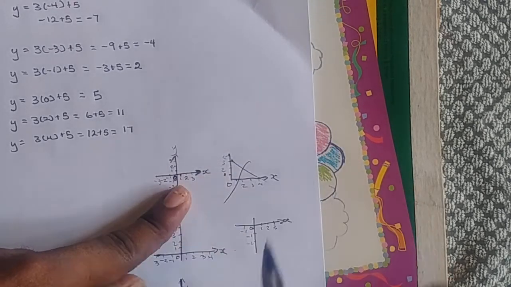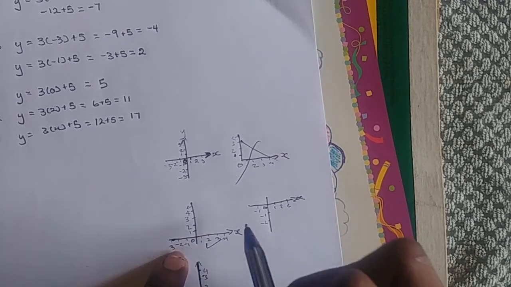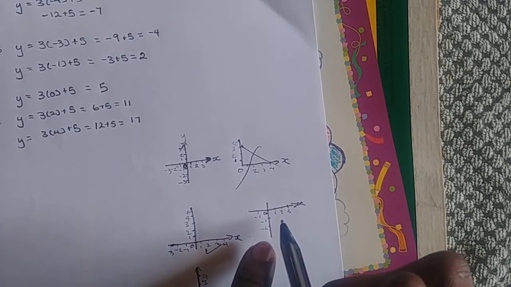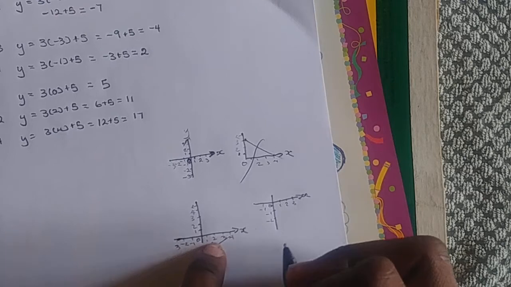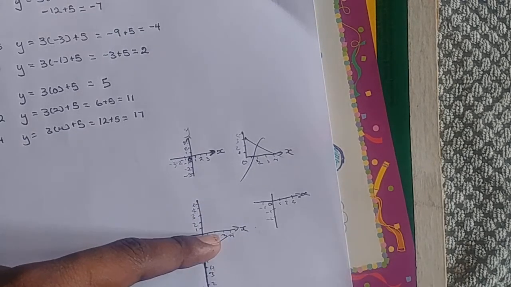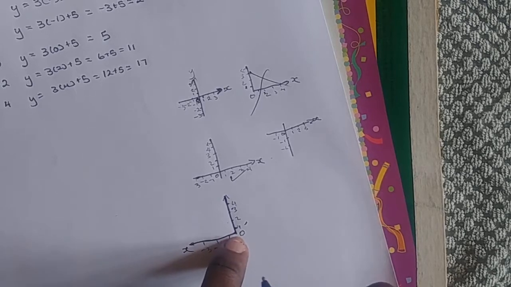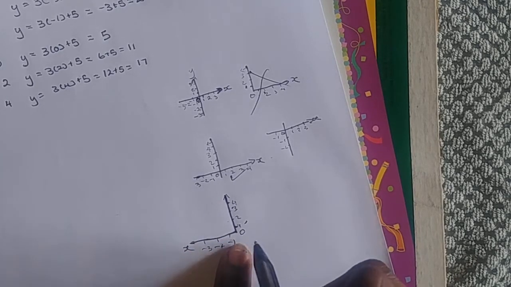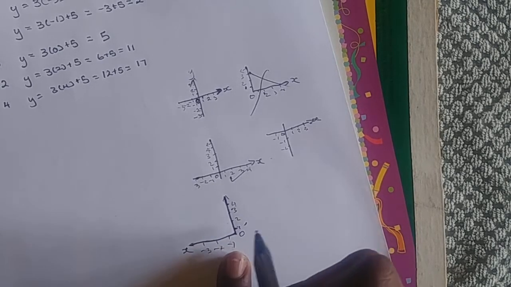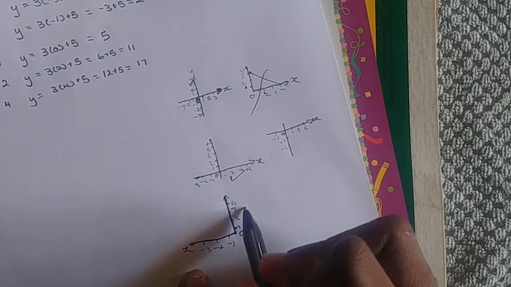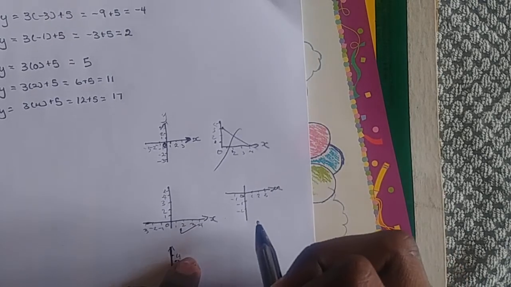So we can't use this one. We can use this one, right? Okay, so let's just eliminate first. We can't use this one. And since x has positive values, and this one only has negative, we can't use this one either, right?